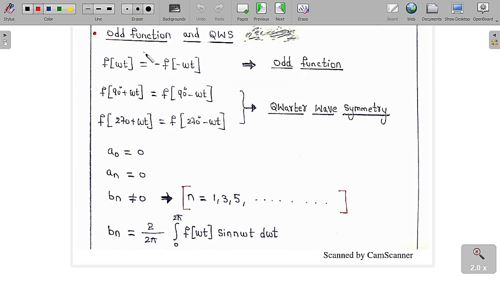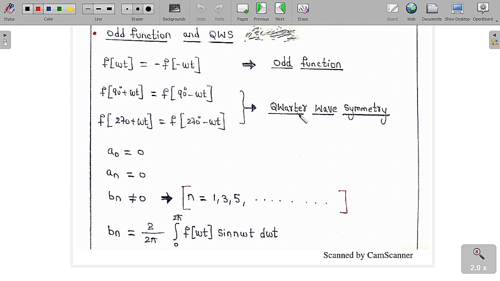So now we are going to discuss the odd function with quarter wave symmetry. If a function satisfies these properties, we will see the basic nature of the Fourier series coefficients. If f of theta is equal to minus f of minus theta, or simply f of minus theta is equal to minus f of theta, then the function is said to be an odd function.